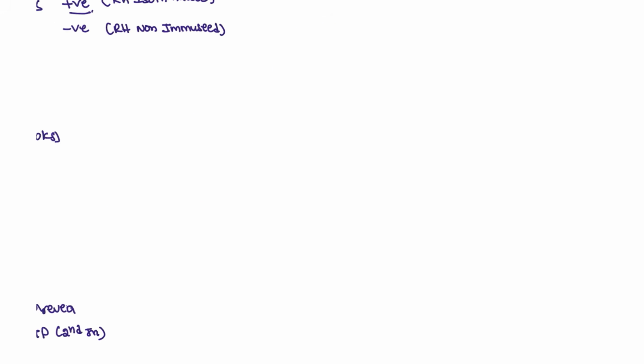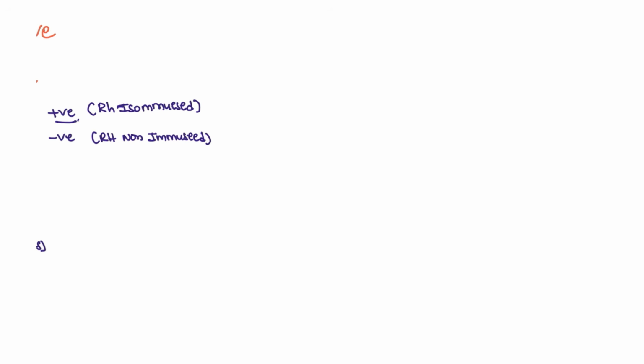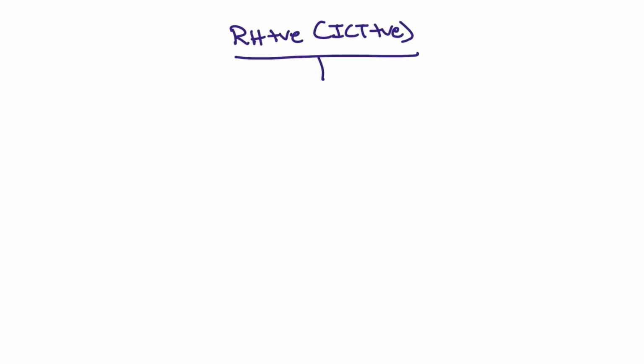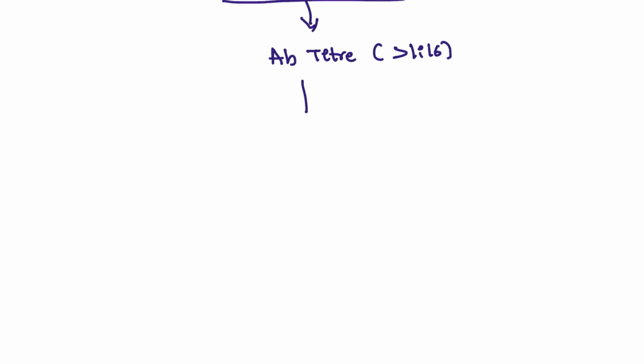Okay, let's say as we discussed, this is a positive pregnancy, right? This is RH positive and also ICT positive. So what are the next steps that we have to look for? We have to look for the antibody titers. If the antibody titer is more than 1:16, then the patient is likely to have the problem.